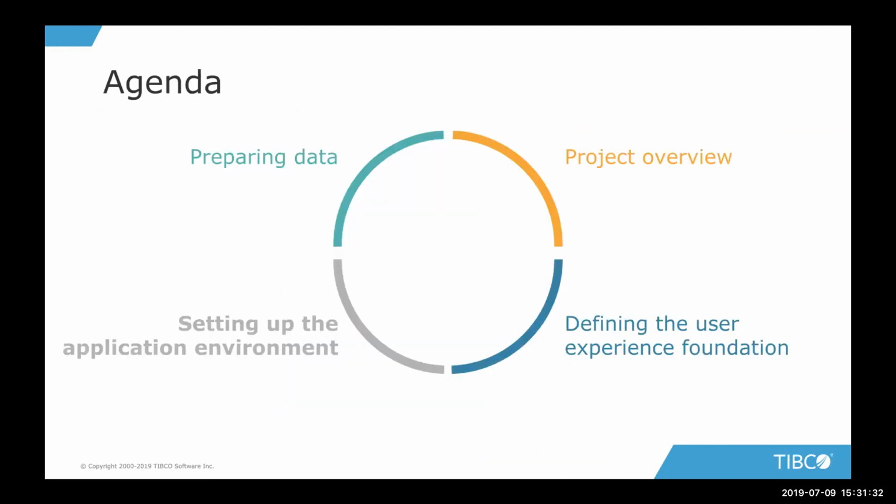So we basically just talked about the overall design process of Project 202, and how we actually use that process to work on the demo. Now we're going to go into setting up the application environment from a front-end perspective, which is what I do. I'm a UI developer.